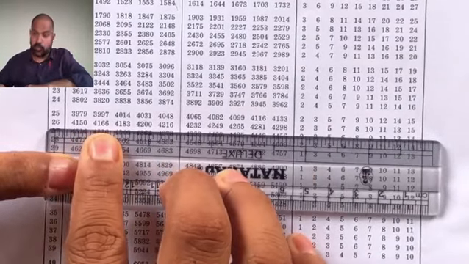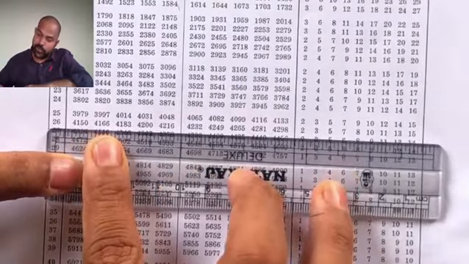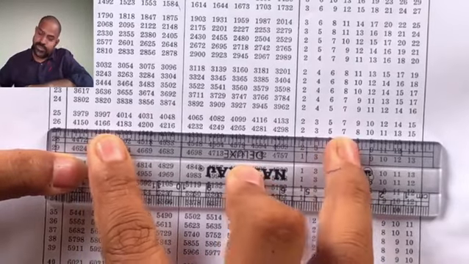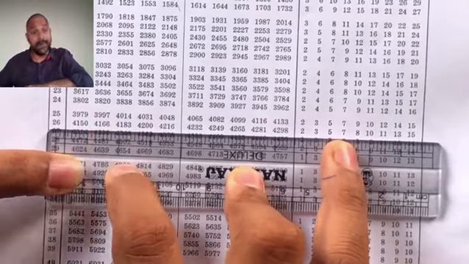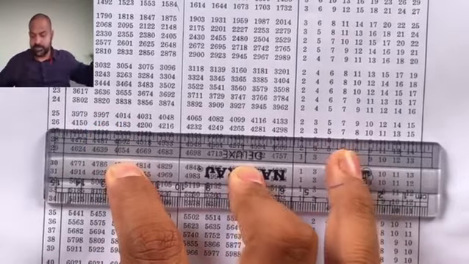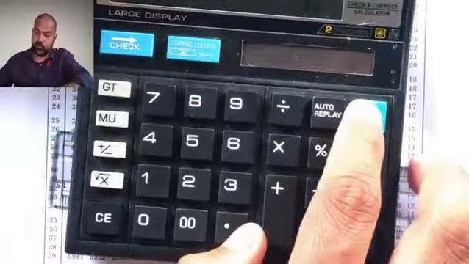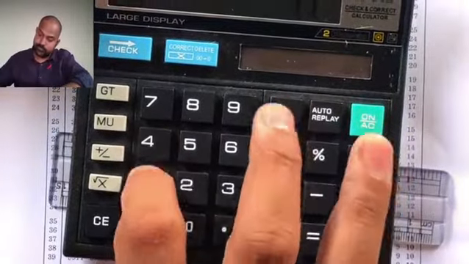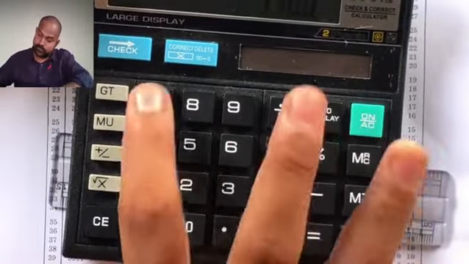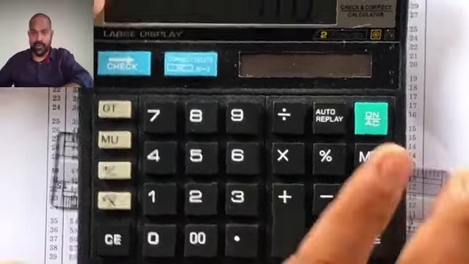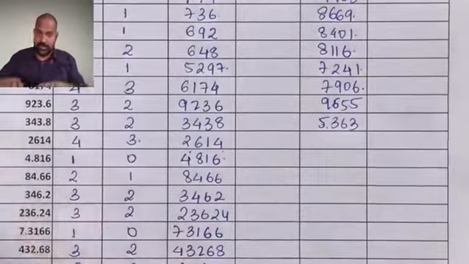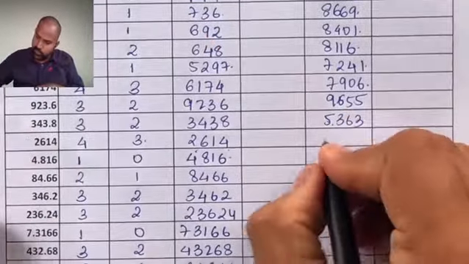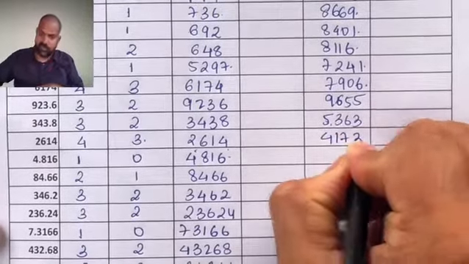In that, when I look for 4, it is going to be 7. So it is going to be 4166 plus 7, which is 4173. So the answer is going to be 4173. Let's write that down. 4173.